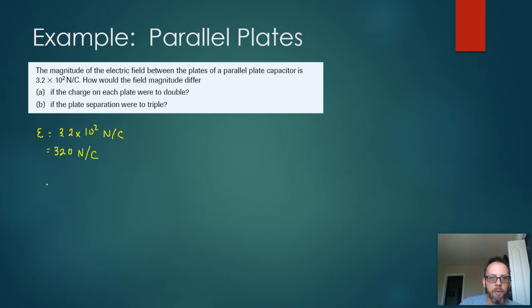For part A, how would the field differ if the charge on each plate were to double? Well, a big idea with parallel plates, capacitors, is this. Remember, electric field strength is proportional to Q. And what does that mean? It means if you double Q, you double the field strength, epsilon.